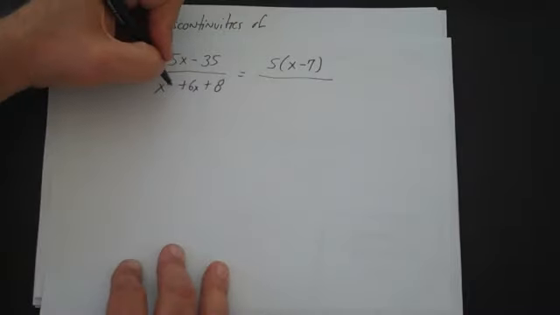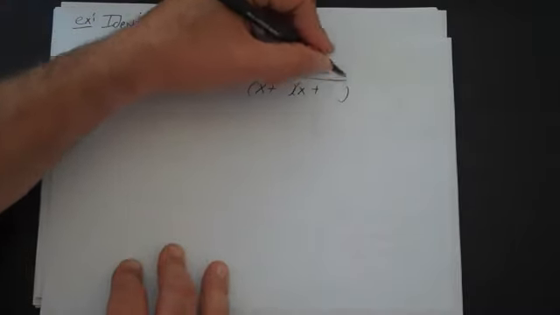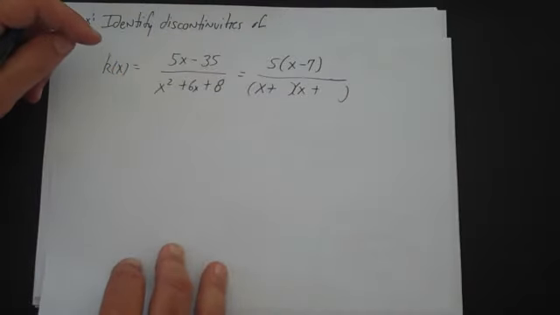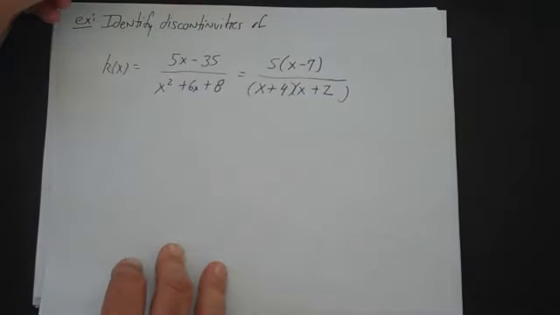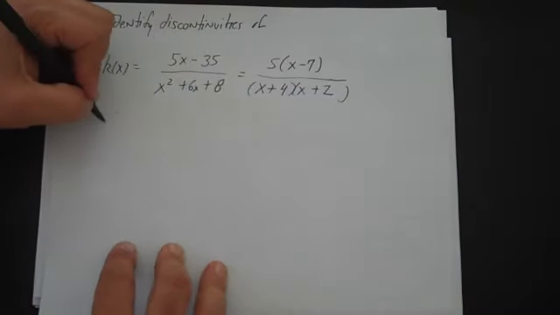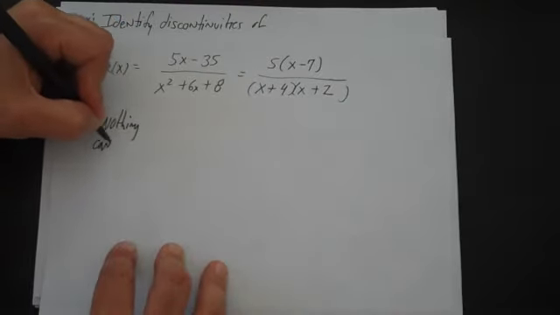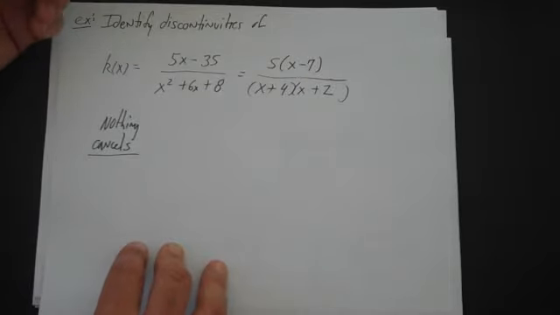The bottom is a trinomial. I'm going to try to factor it, x plus and x plus. If I couldn't factor it, I would just use the quadratic formula. Two numbers that multiply to 8 and add to 6 are 4 and 2. Nothing cancels. So the key is, if nothing cancels, then you know that there are no holes. That's the only way you can get a hole, is when something cancels.